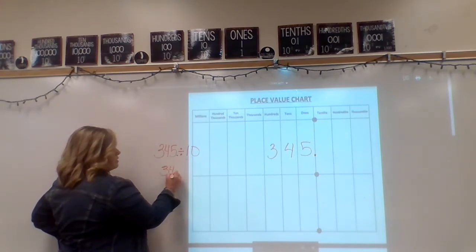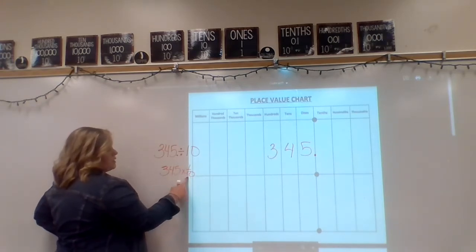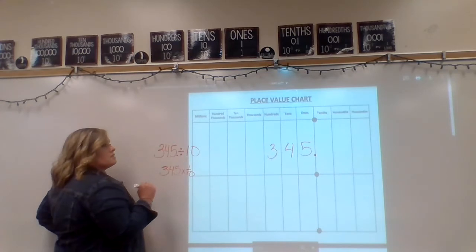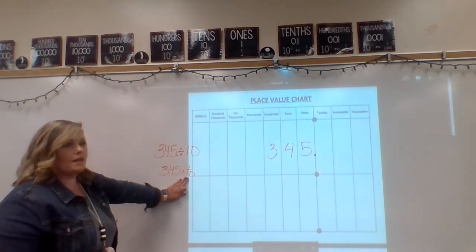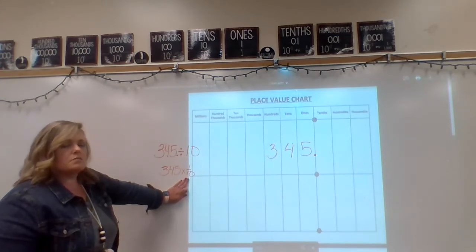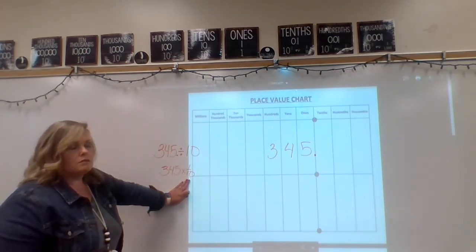So you might see 345 times 1/10. Times 1/10 is the same as divide by 10, because 1/10 of is the same thing as divide by 10.